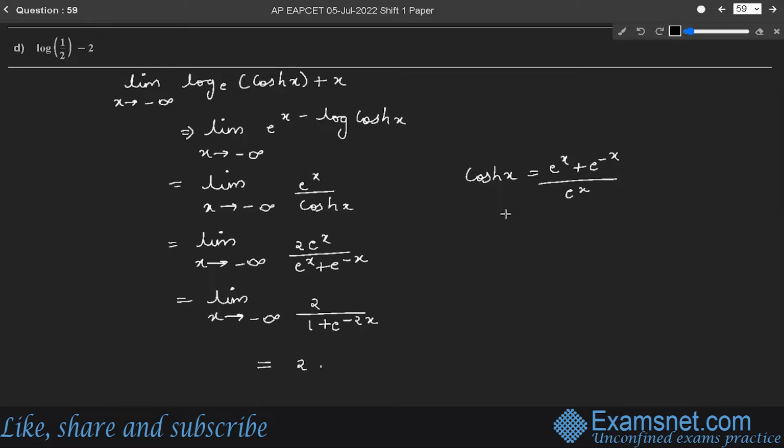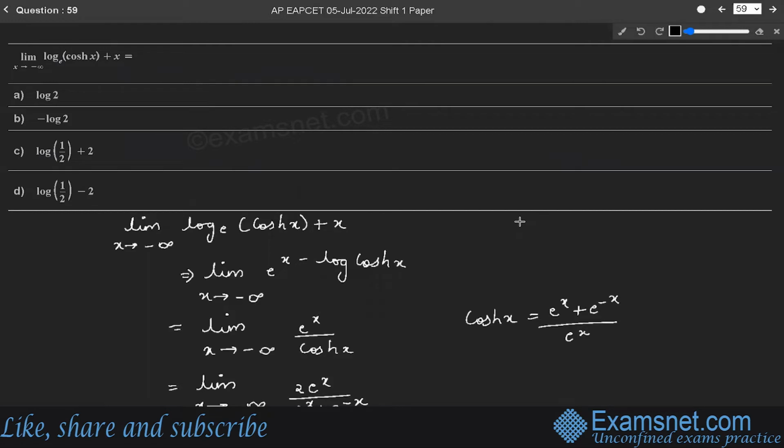Therefore, we can say that the value for the given expression is 2. And therefore, limit x tends to minus infinity log base e cos hx plus x will be log 2. So we can say that the correct option is option number A here.